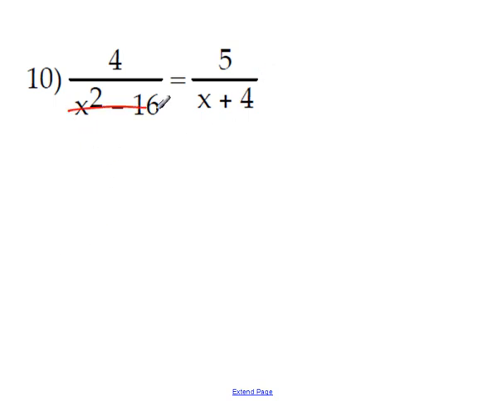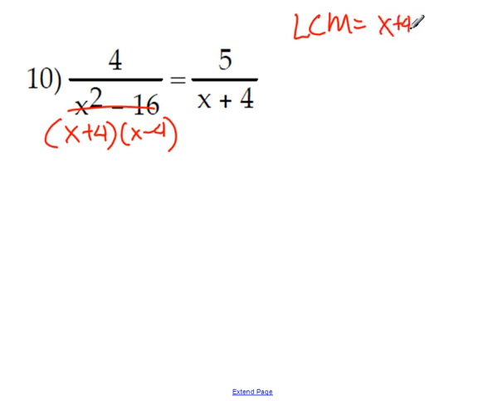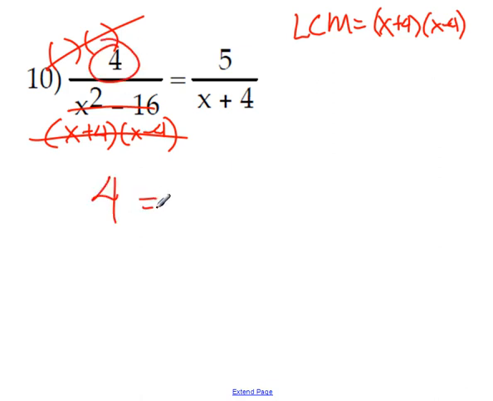Alright, before we do this, we need to factor that into our x plus 4, x minus 4. So our LCM now is going to be both of those, the x plus 4 and the x minus 4. So we're going to multiply both sides by both parentheses. I don't even need to write them in there because those are just canceling. All that's going to be left is 4.